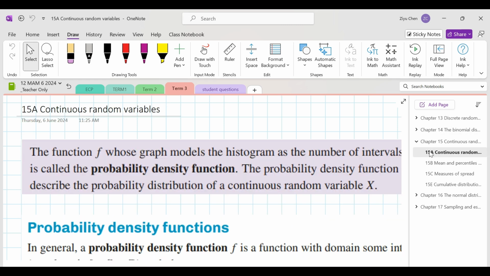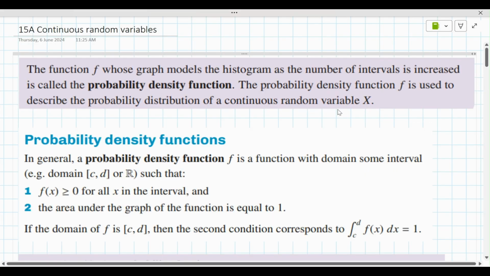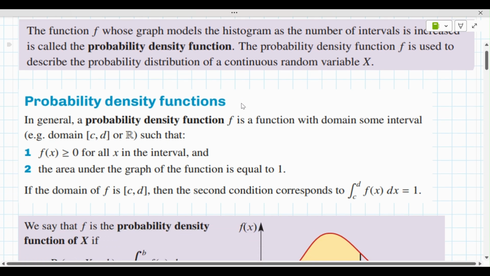We're going to be using some anti-differentiation to do with density functions. For the probability density function, first we need to know the function and the domain interval. We have the domain, and f(x) is greater than or equal to 0 for all x in the interval.